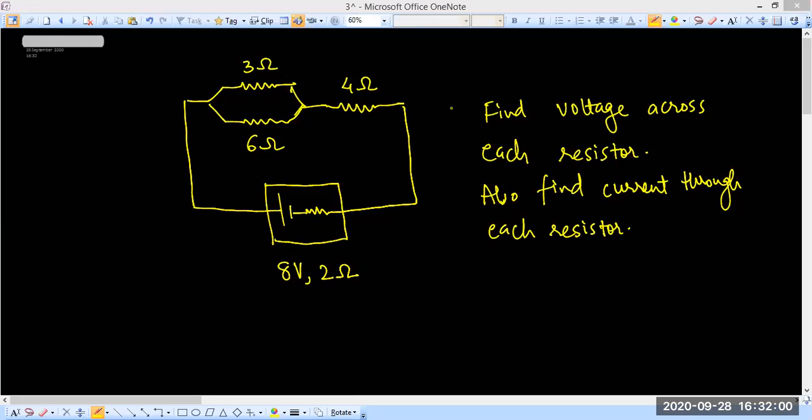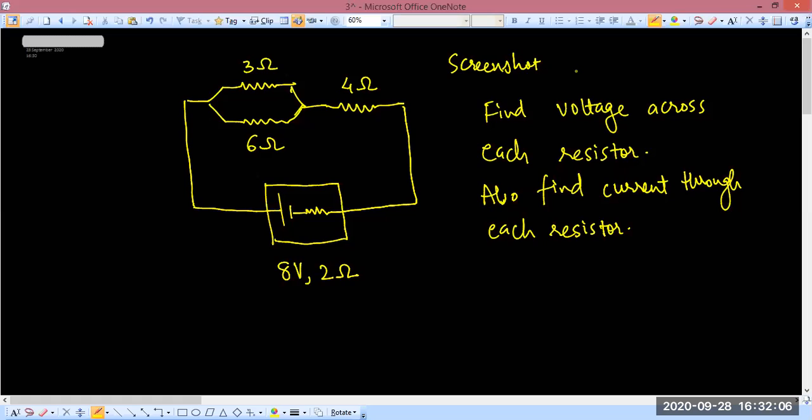Please click a screenshot, everyone, so that you can solve it. Please either click a screenshot or draw it and write it very fast. Okay, I'm just giving you 30 seconds now. You don't have to solve it right now. Solve it whenever you like, but send me the solution before tomorrow's lecture.